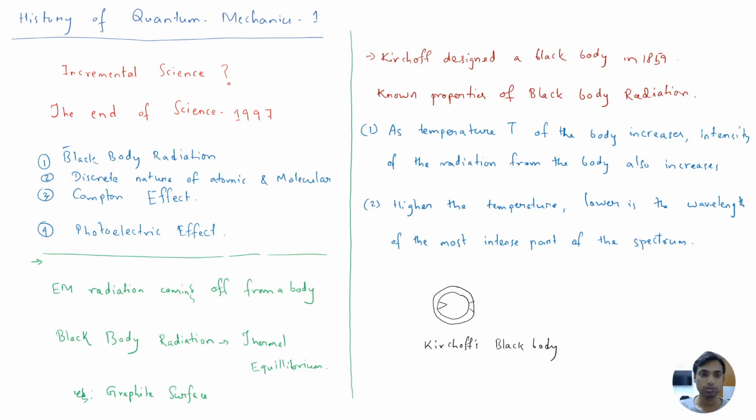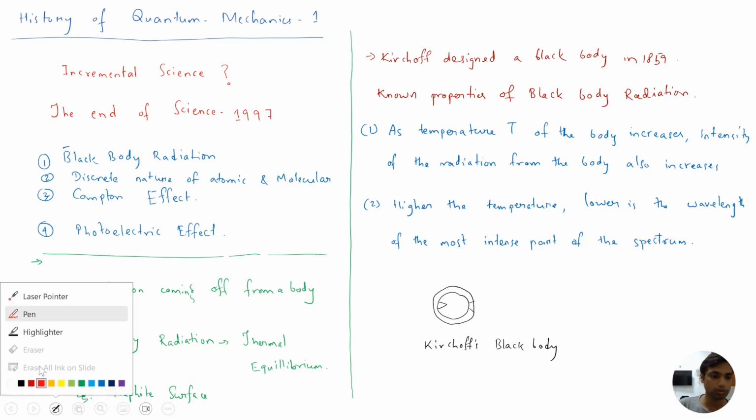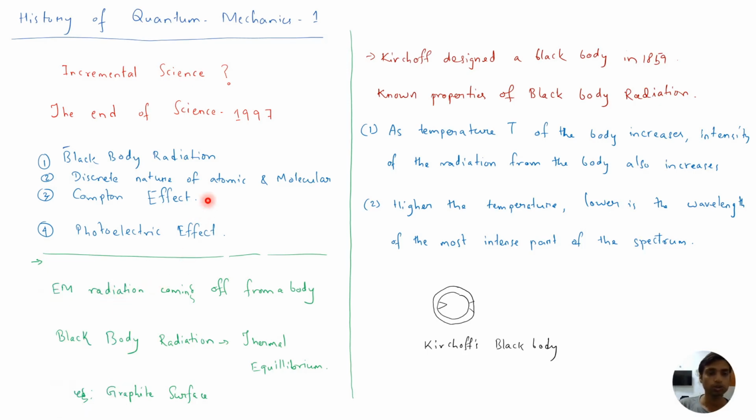But there were some experimental results that couldn't be explained by classical physics, like black body radiation, the discrete nature of atomic and molecular spectra, the Compton effect, which is an inelastic scattering, and the photoelectric effect.